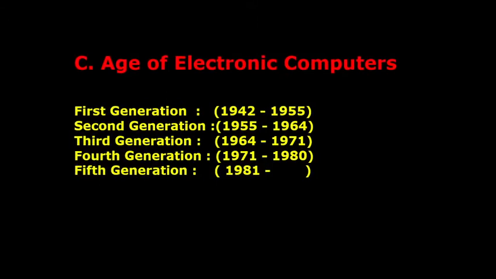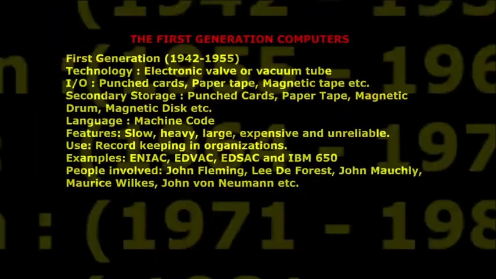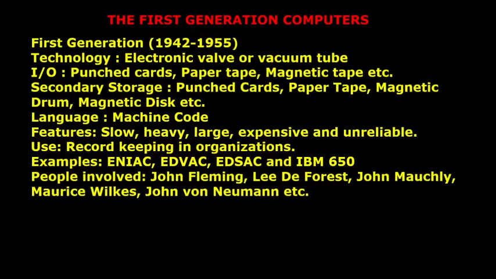Now, the age of electronic computers starts with the first generation between 1942 and 1955. The first generation of computers had the following features.